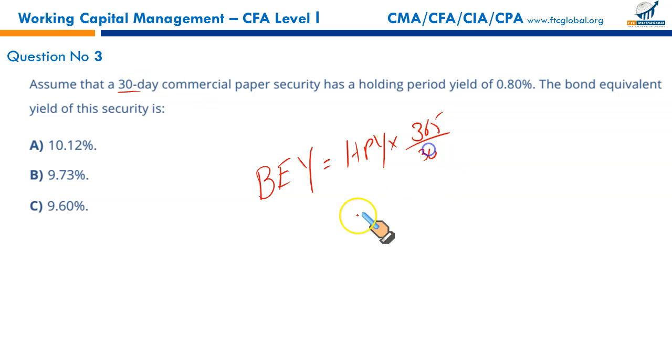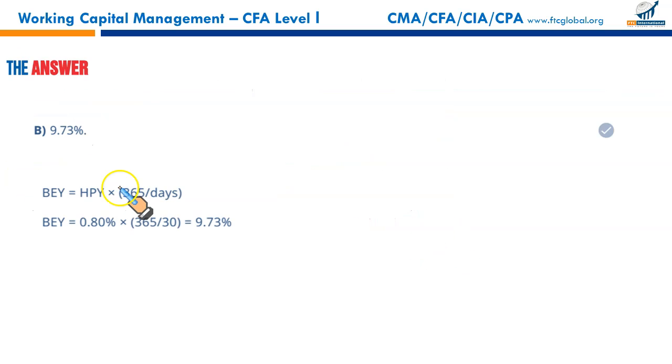You'll simply plug in the numbers. Holding period yield is 0.8% multiplied by 365 upon 30. If you simplify, you should get your result, and it's 9.73%, so that makes B the correct option.